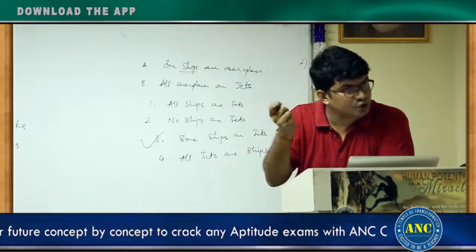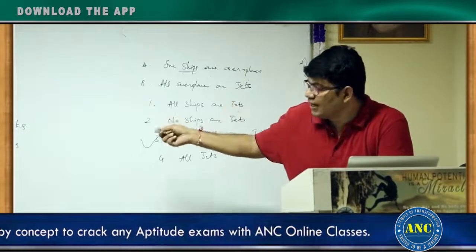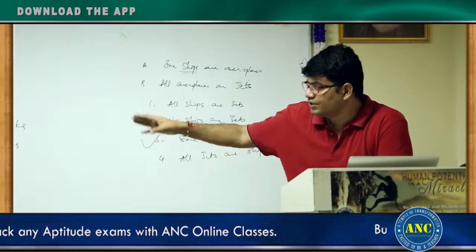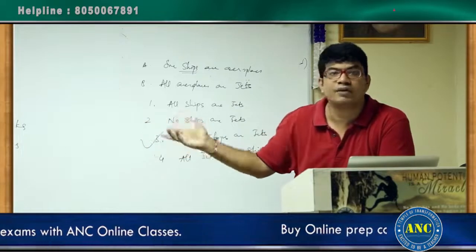But in a complementary pair, the subject and predicate should also be the same. So, for example, some bullets are tanks, no bullets are tanks. You should see that logically they are fitting in the same flow.